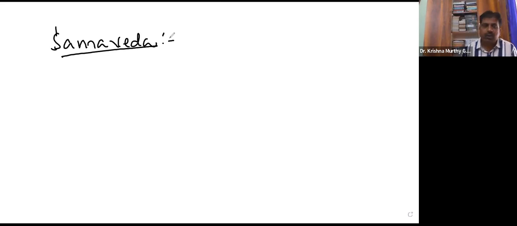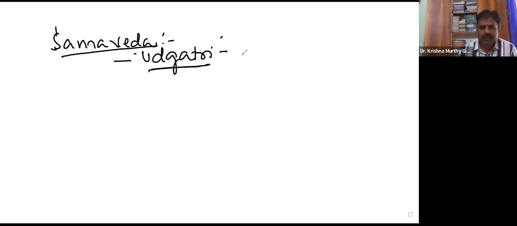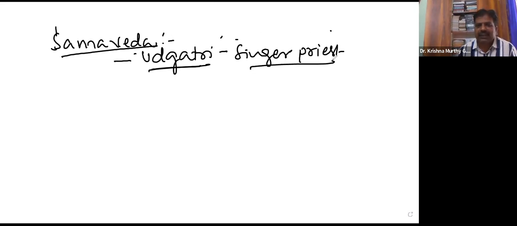He was called an Udgatri. The text was written by an Udgatri, a singer priest of the Vedic period. Samaveda was written by a well-known seer or singer priest. He was called an Udgatri.